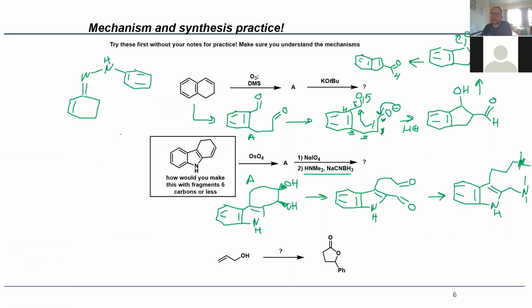And then the next step is tautomerization of the hydrazone to its enamine form. So we'll shift this alkene here.